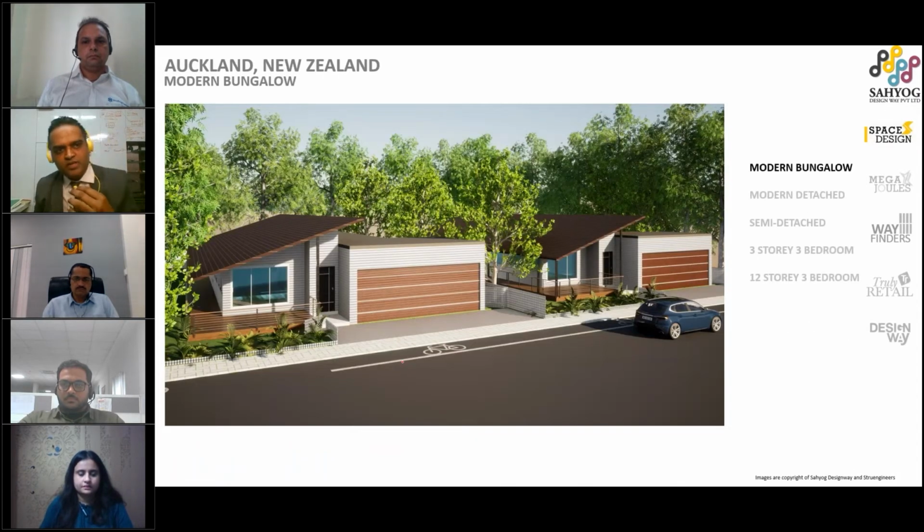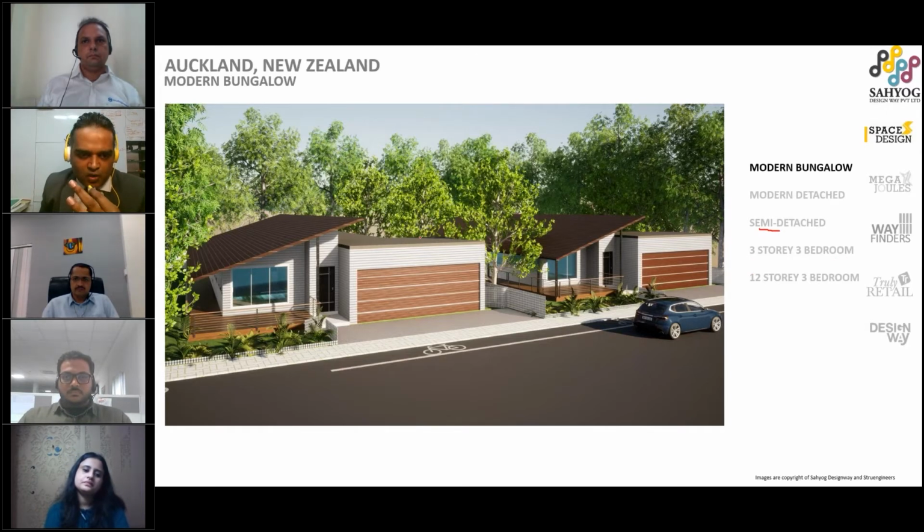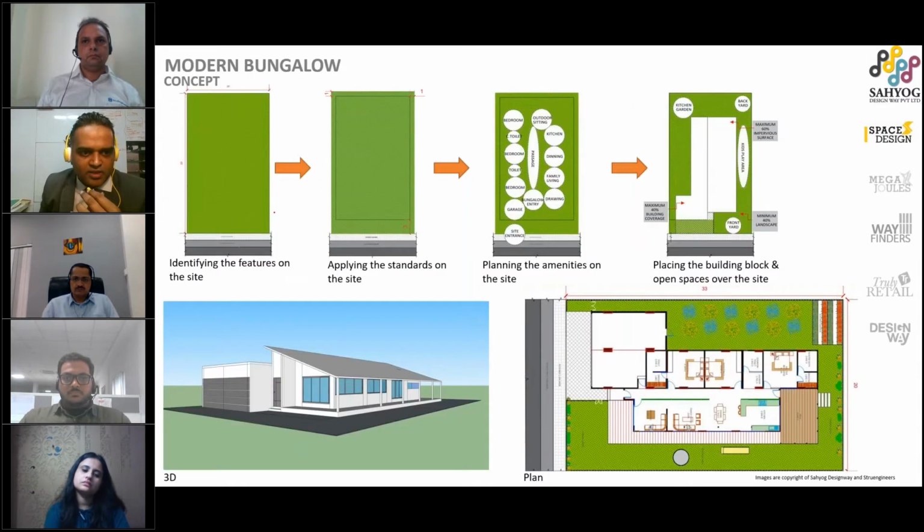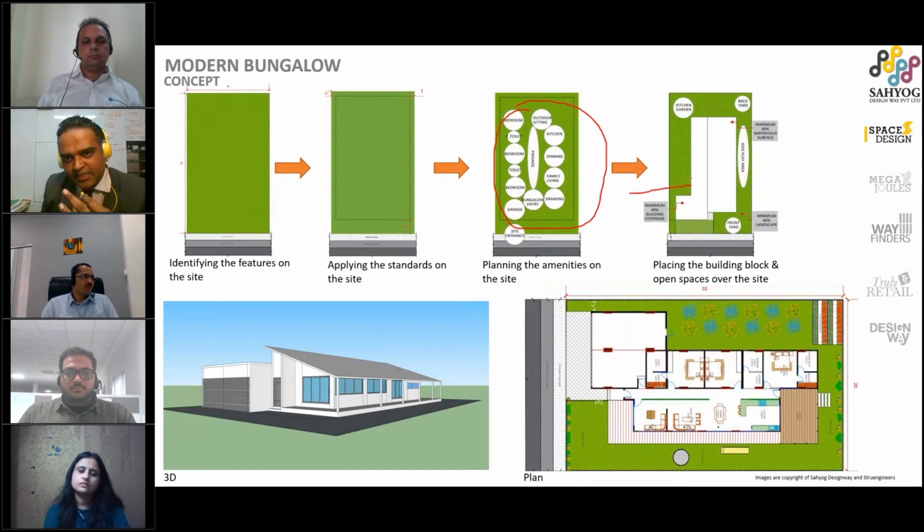Now coming to our design solutions. There were five different types of design structures: modern bungalows, modern detached housing, semi-detached housing, three-story and 12-story, and how we have gone across it. So there is the identification of the site, the sizing, the activity chart, and then the built design.